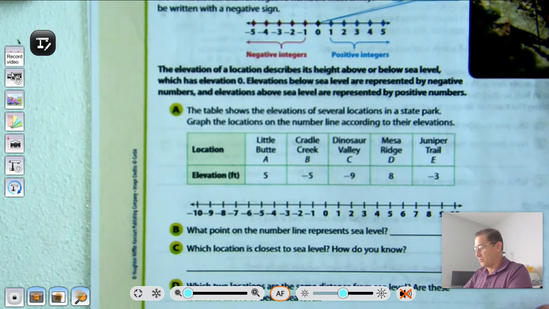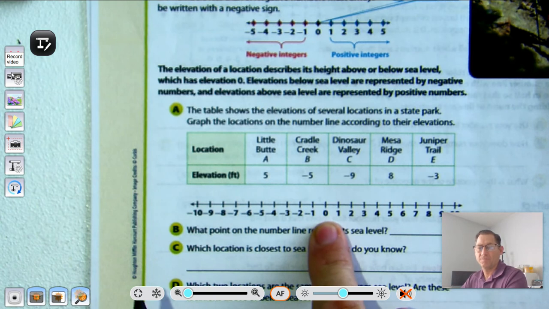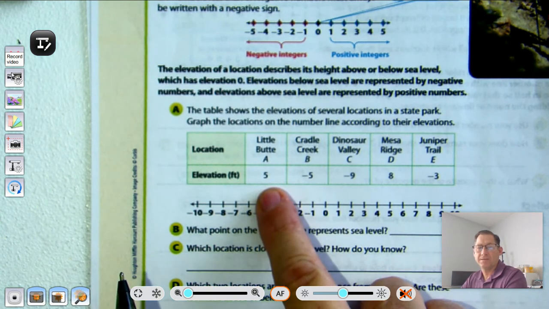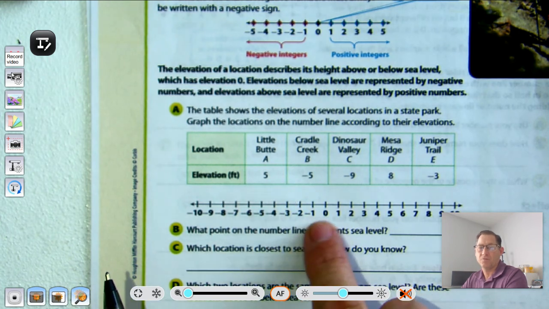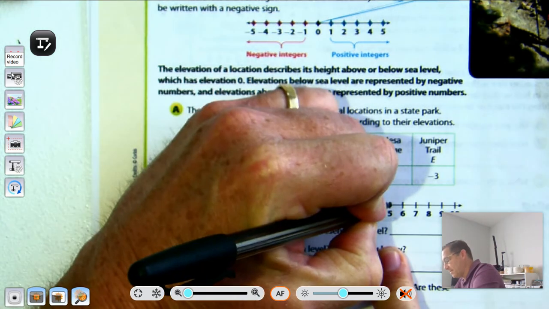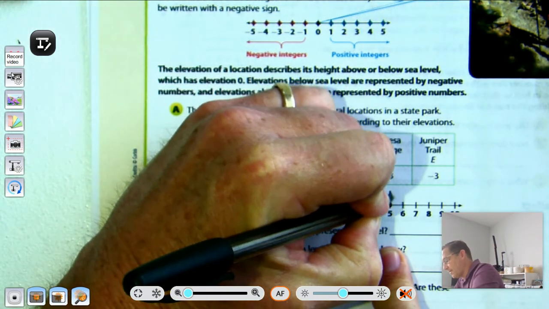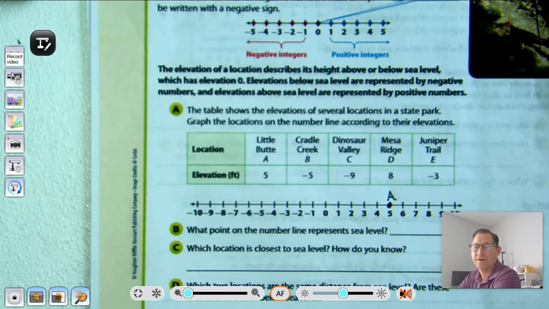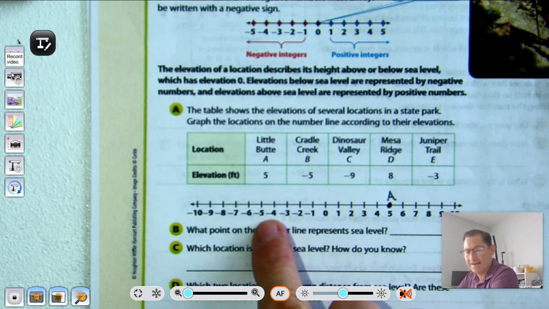All right, so we see our number line, 0, okay? And it says Little Butte, point A, is +5. So we know we have to go to the right of the 0, find 5, and I'm going to put point A right there. Cradle Creek is -5.